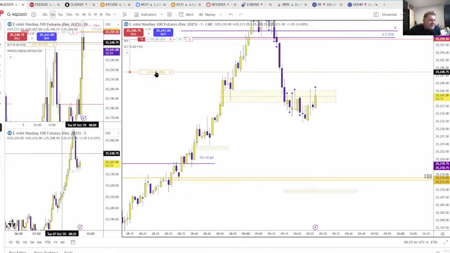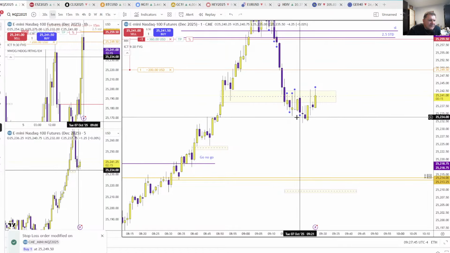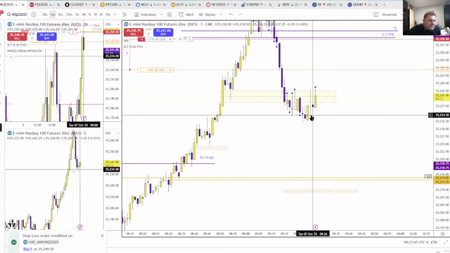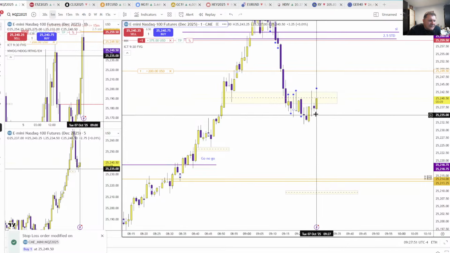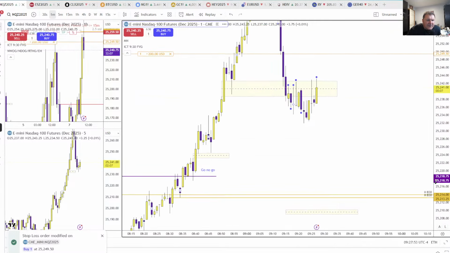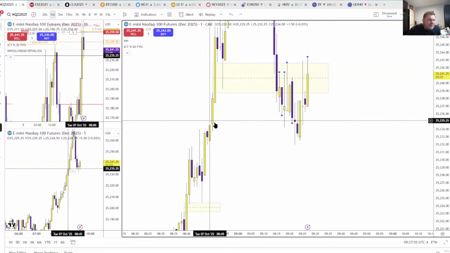This should actually be sitting right above that level there, because that's the first. No, there's a little guy down here. So this is the change in direction right here. I didn't see it here. I should be out of this trade.